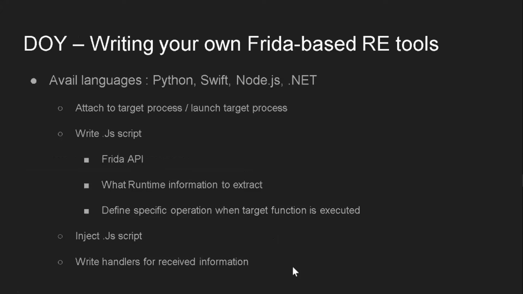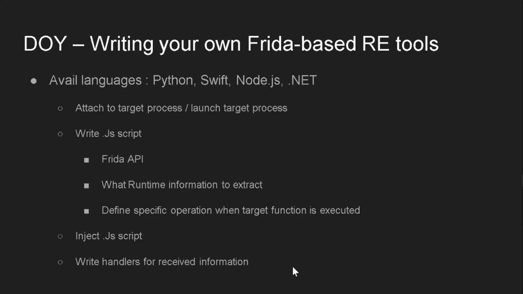Beyond the fact that we can use those tools, as we saw earlier, we can also create them ourselves based on the bindings that Frida provides. You can create your own scripts in Python, Swift, or Node.js. What you have to do is attach to the process, as we saw earlier, but you can do that programmatically.